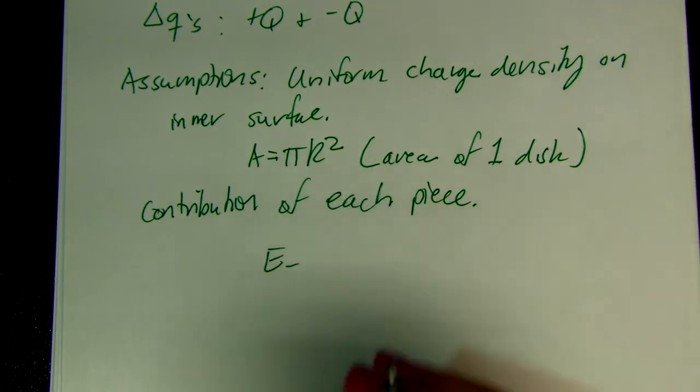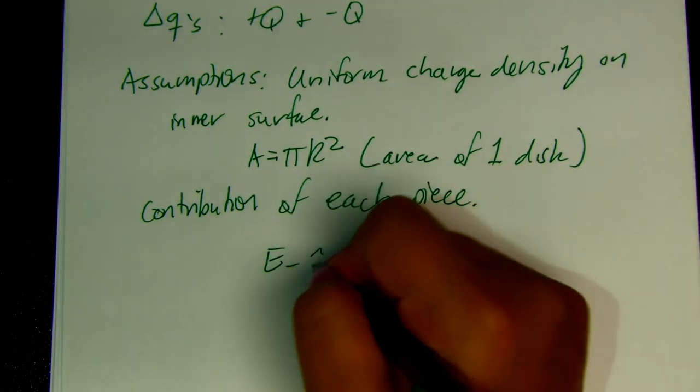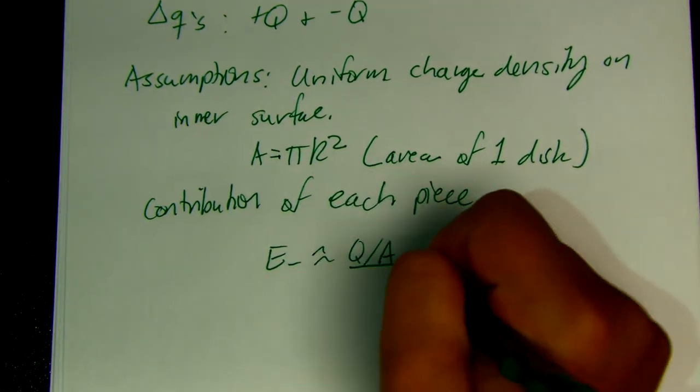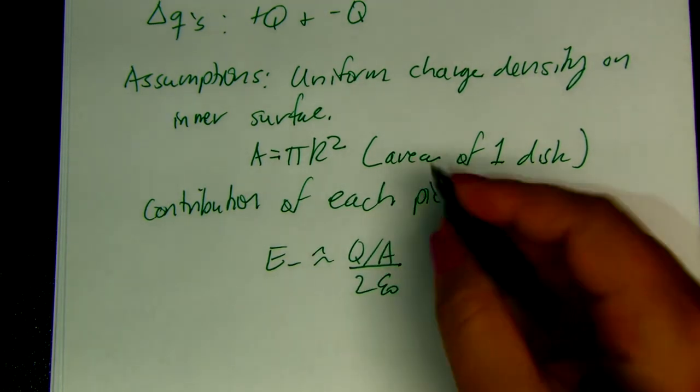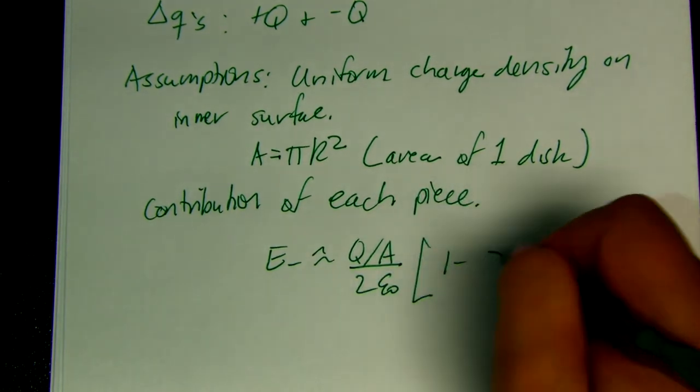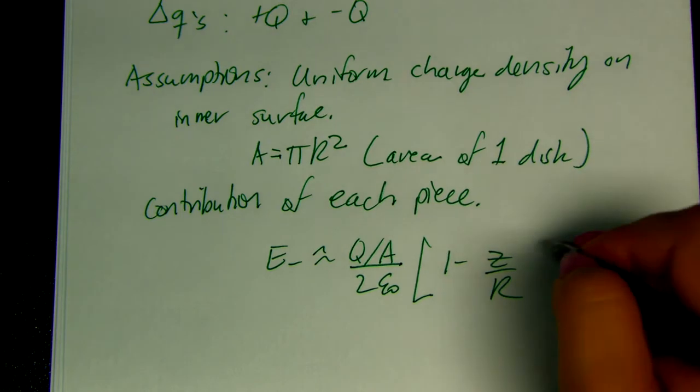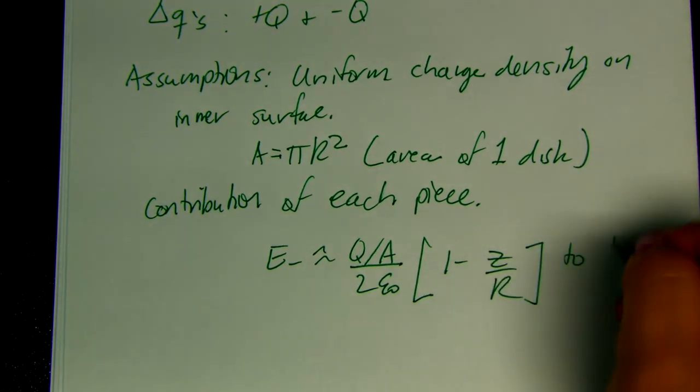So from the minus side, it's going to be approximately Q over A divided by 2 epsilon naught, 1 minus Z over R, to the left.